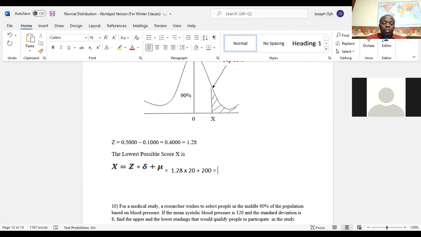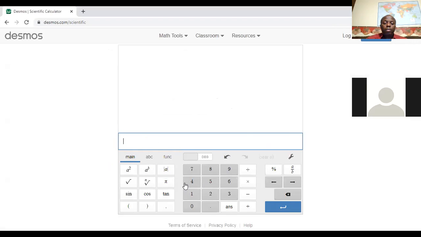So I'll go to a calculator and find 1.28 times 20 plus 200. That is 225.6 points.